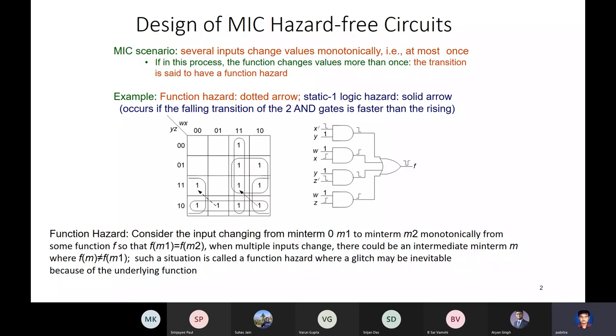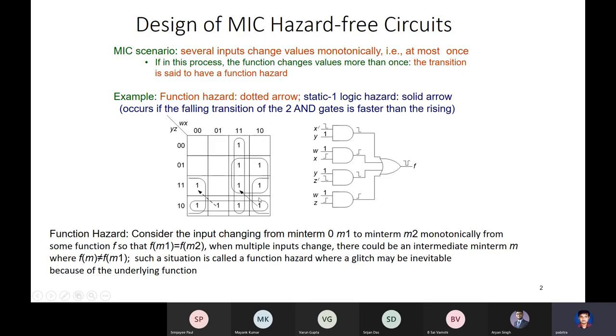So this is a MIC transition, these arrows that we show here. For every such transition, we consider another set of minterms, which we call the transition cube. If we take the starting minterm and the ending minterm, I look at all possible paths by which it can go. So from here to here, initially it was 1 0 1 0 and it ended up at 1 1 1 1. That can happen in two ways.